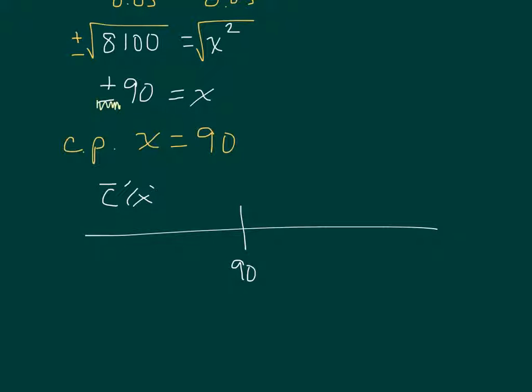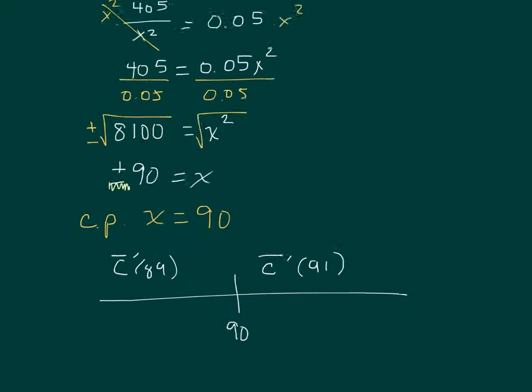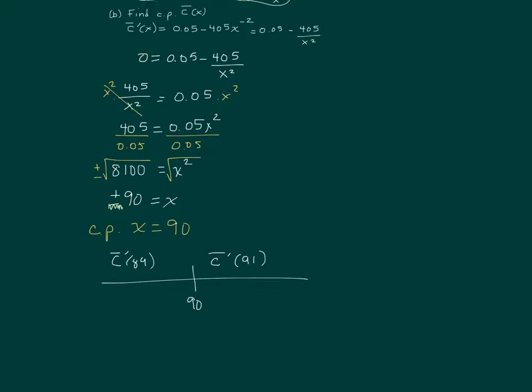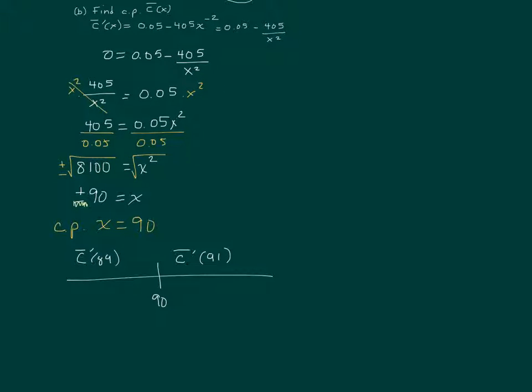Then pick a value to the right, I'm going to plug in 91. I don't care what the numbers are, but you will see this gives you a negative value and this gives you a positive value.